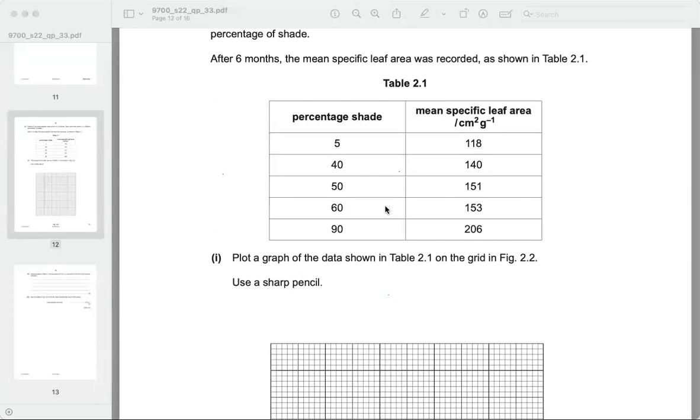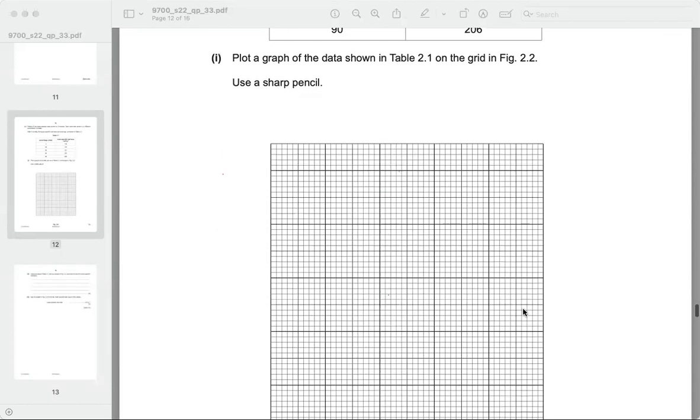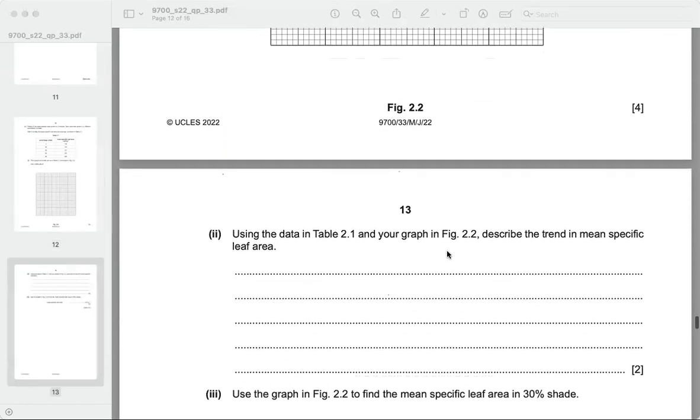Now, when we've actually made the graph, are we going to make the same conclusion from the graph? Because the graph is going to look the same. But if we write the same point, it is not going to get us that mark. So our point should be different when we analyze the graph.